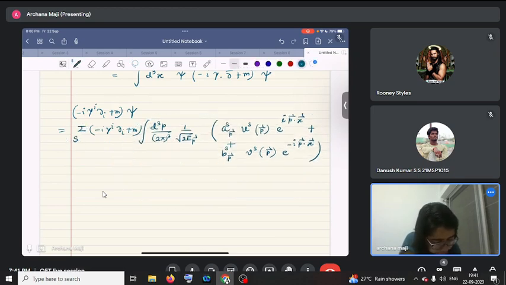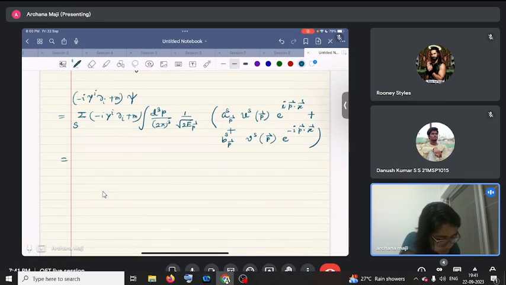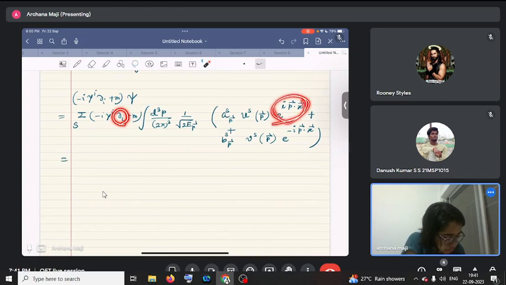Okay, so del_i when acting on this exponential i p·x. Now remember this is a spinor, 4 component spinor. This is also a 4 component spinor, and gamma matrices may not necessarily commute with these spinors.